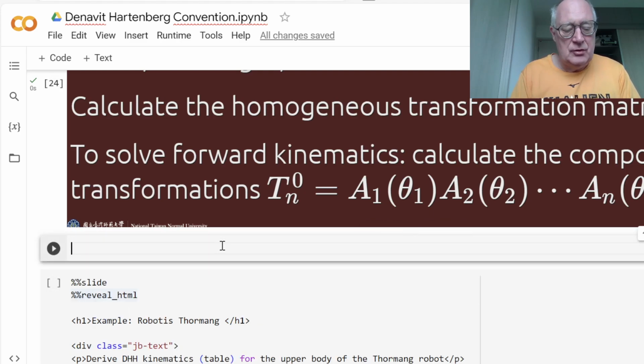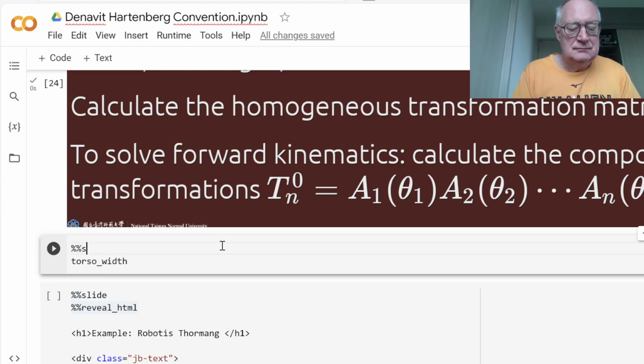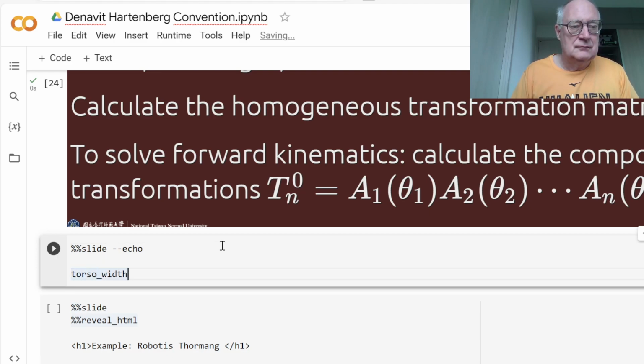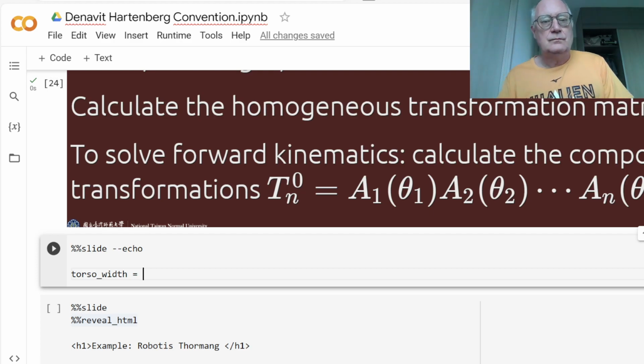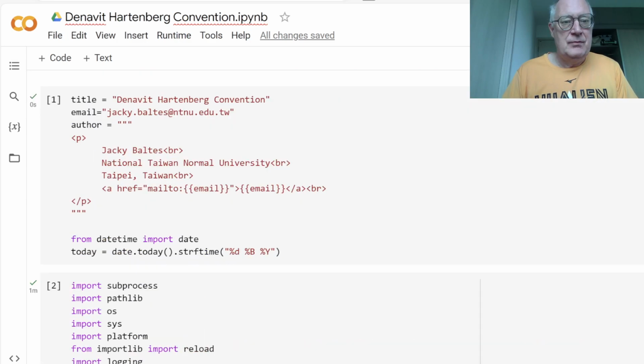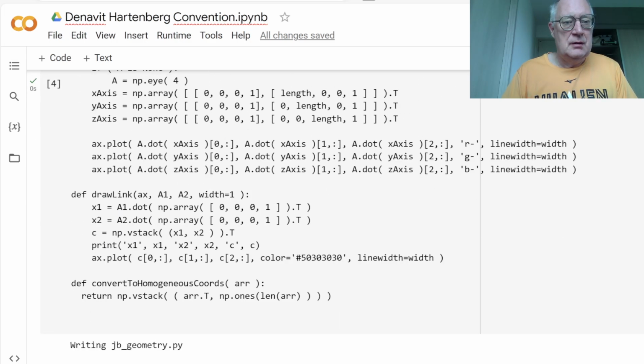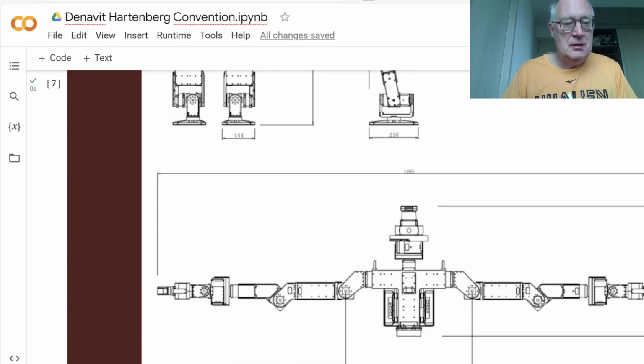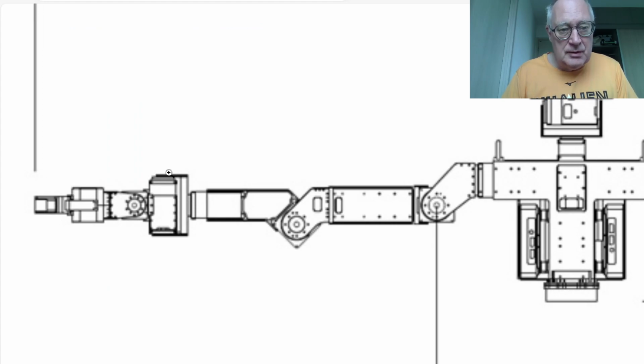So here the torso width was equal to 424.